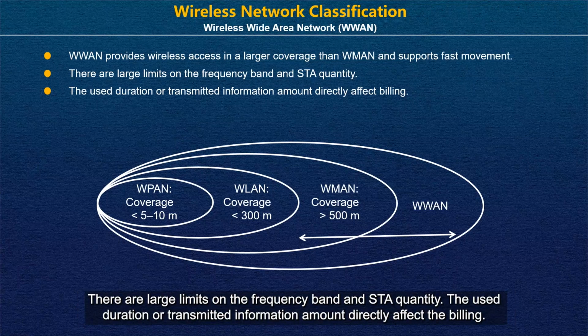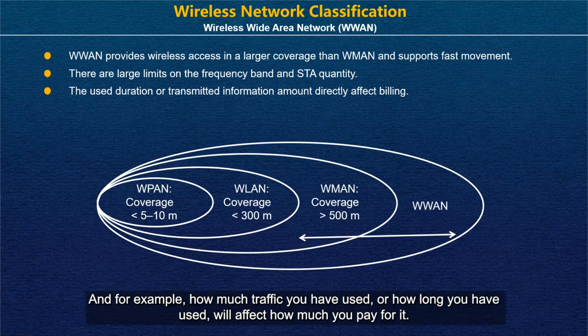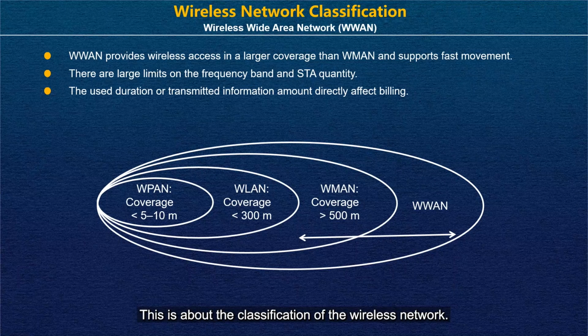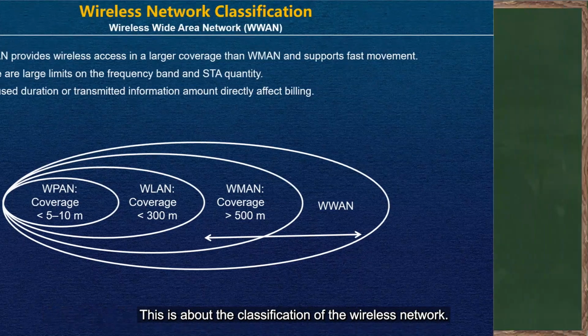There are large limits on the frequency band and the STA quantity. The used duration or transmitted information amount directly affects the billing. For example, how much traffic you have used or how long you have used will affect how much you pay for it. Okay, this is about the classification of the wireless network.